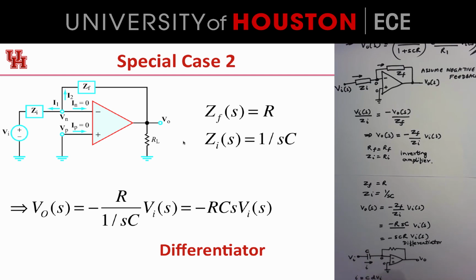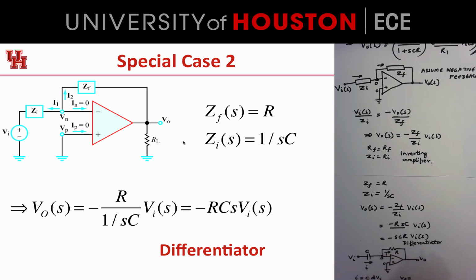C dVi by dt. Now all of this current is going to build up a voltage across this, right? So the output voltage is given by, if we want to solve for this, VO. Let's look for this current. We know that this current I flows here, all of it, because the current going into the op amp is 0, right?